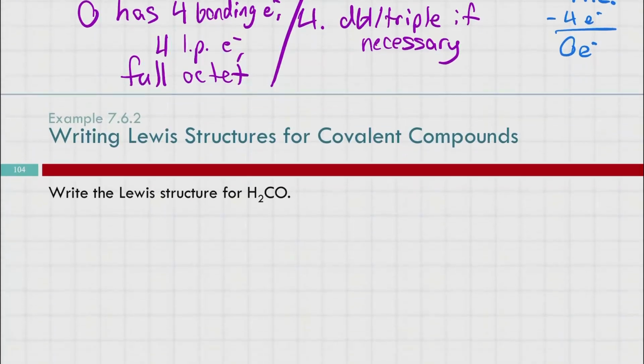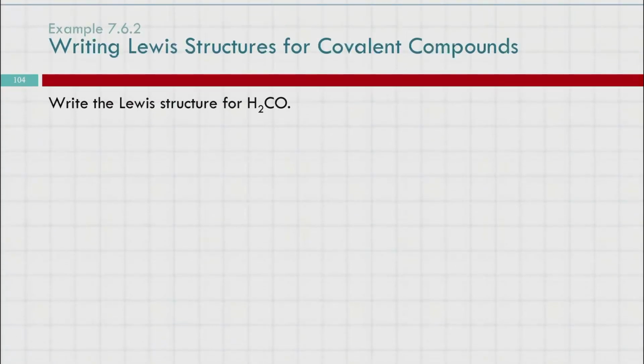All right, one more example. H2CO. Our first step, we want the skeletal structure. There's 2 reasonable skeletal structures that you might come up with. One of them is better than the other. So our hydrogens have to be on the ends.